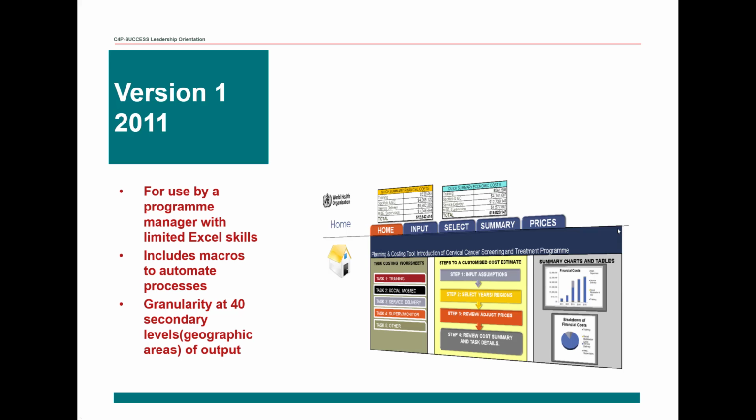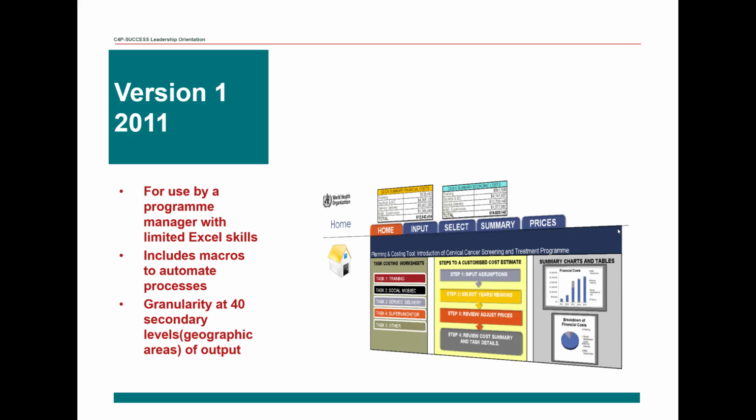Version 1 was released in 2011, I think. Yeah, and it was made for a program manager who had limited Excel skills. Now, we did it in Excel because that way people could look behind the curtain, so to speak. They could unhide all the calculations and see the logic behind what we were doing instead of seeing a black box.